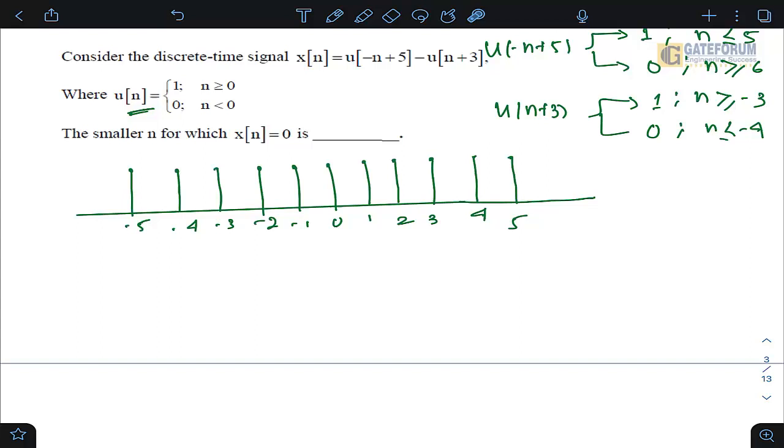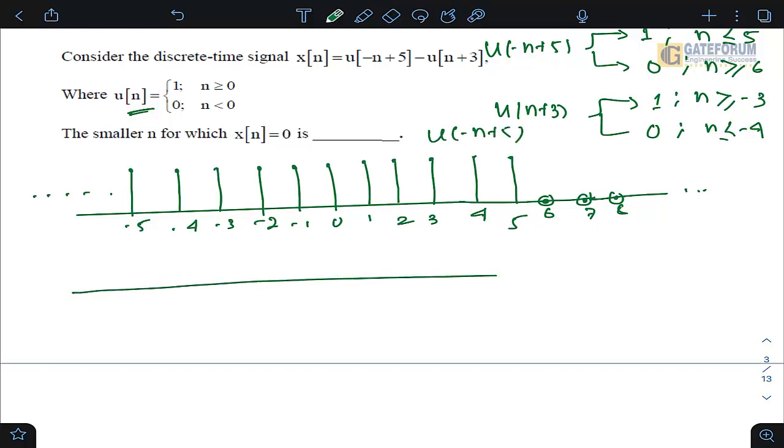So for n less than or equal to 5, it will be 1. These are 1 like this forever, and beyond it, for n greater than or equal to 6, this is 6, this is 7, the amplitude is 0. This is 8, the amplitude is 0. So this is the waveform of u of minus n plus 5.